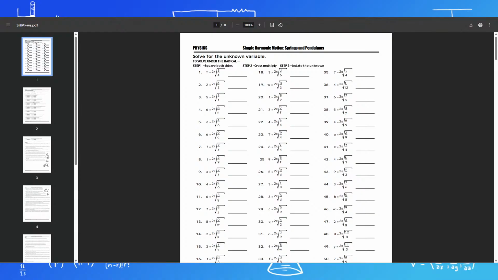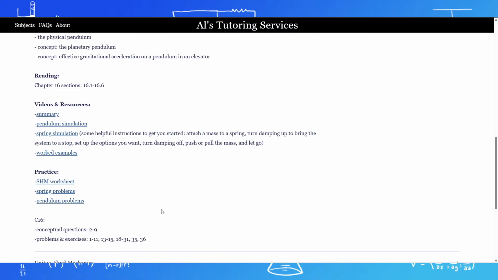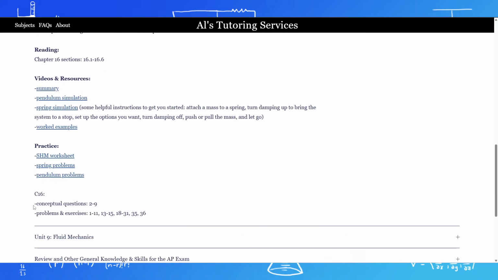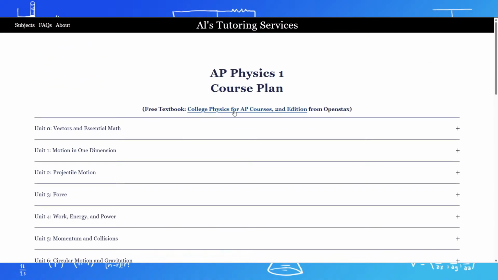Speaking of textbooks, the questions from the OpenStax textbook, which is linked at the top right here. If you don't have the OpenStax book, this is where you can go get it.